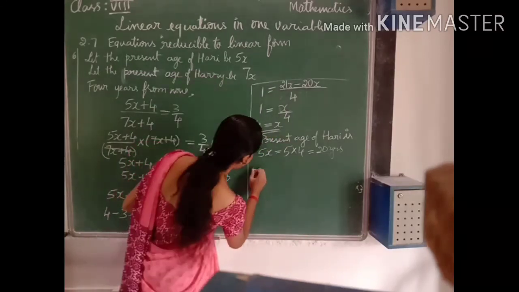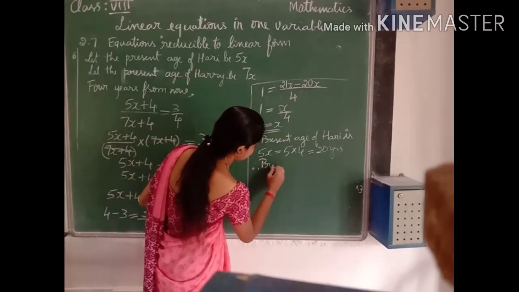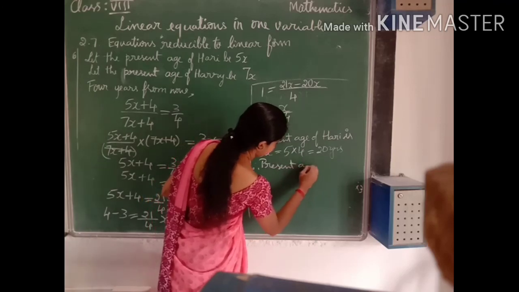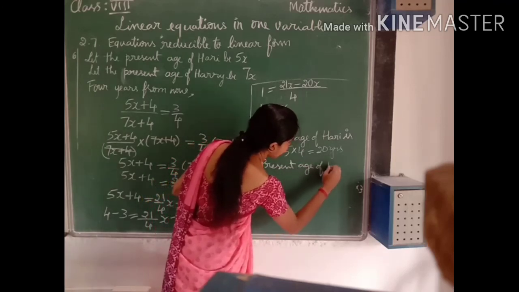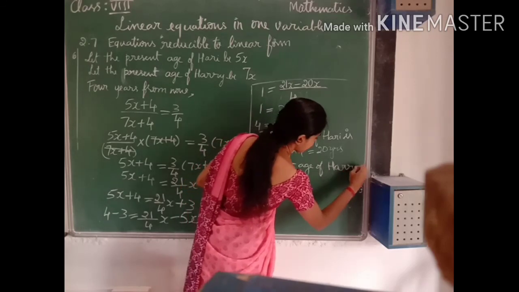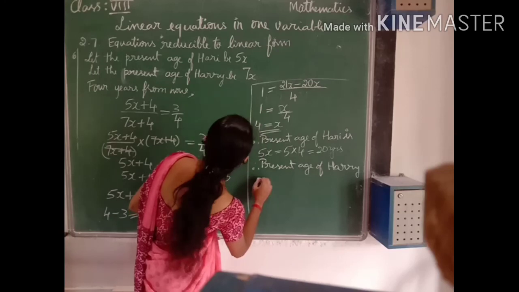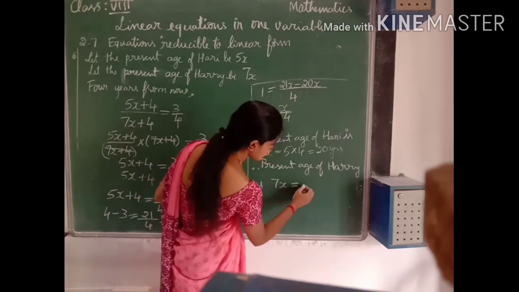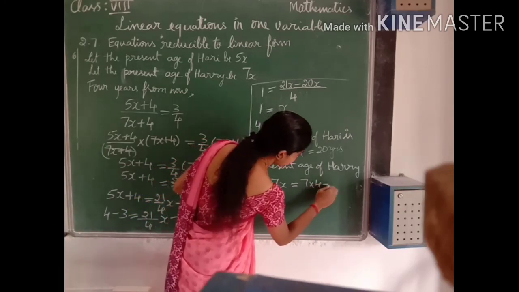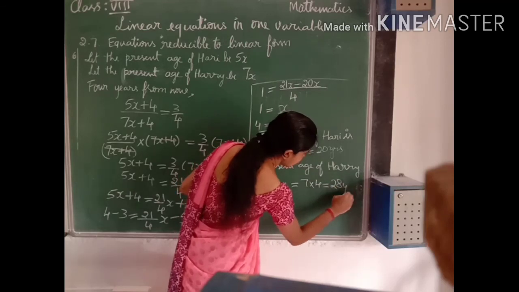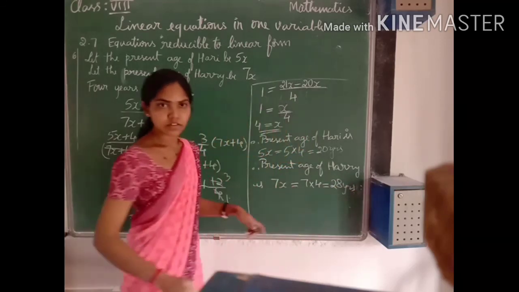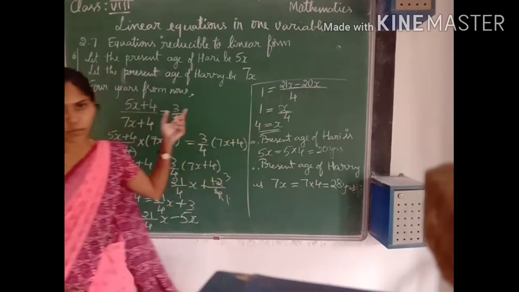Then the present age of Harry is 7x, that is equal to 7 into 4, so 7 4s are 28 years. Got it? So this is the solution for the given problem.